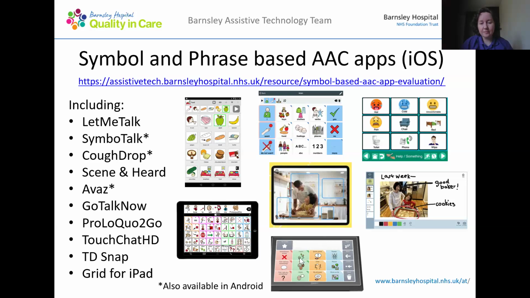So if we thought that one of these systems would help one of our clients, would we get further training in how to deliver that, how to use it? So if you were to try something and you thought they need something more complex than maybe an app with a few single words and a few categories, I would suggest speaking to the speech therapist.